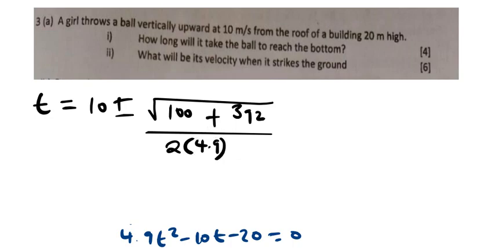And 4.9 is half of 9.8, so 2 multiplied by 4.9 gives me 9.8. Basically this is what we have. So we're going to have 10 positive or minus the square root of 100 plus 392. 100 plus 392 is just 492. Now the square root of 492, what does it give me?